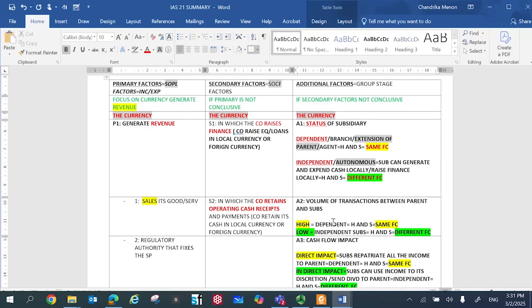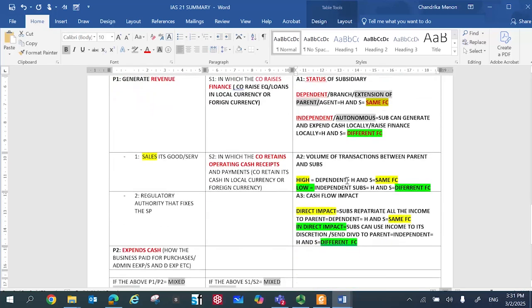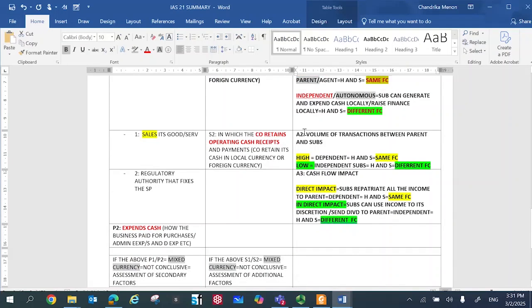If it is an extension, then you can already conclude parent and subsidiary will have the same functional currency. But if it is autonomous, that means parent got its own PE, subsidiary got its own PE. Both will have different functional currency. Correct? So, volume of transaction between parent and subsidiary.